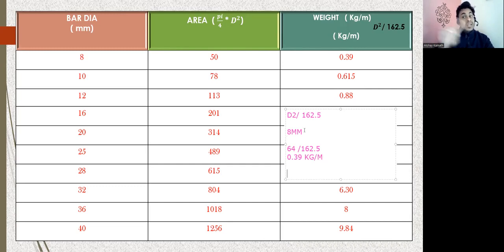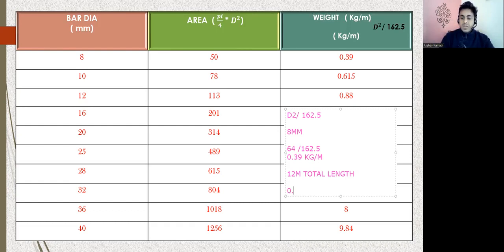Now, what is the total length of your bar? It's a 12 meter bar. So 12 meter is the total length. If I want to find the weight of a total 12 meter bar of 8 mm diameter, what is the total weight I'm going to get?